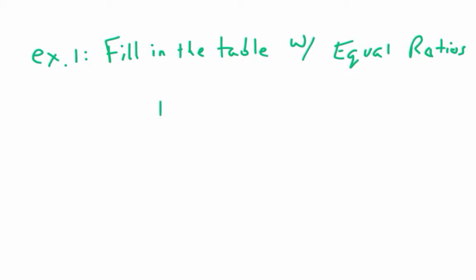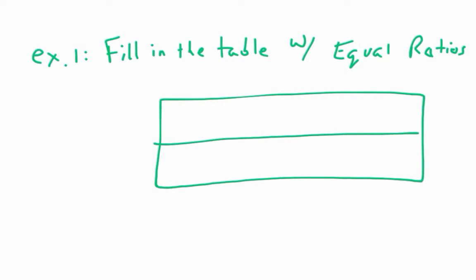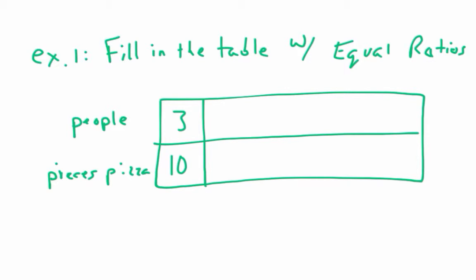If I have a table, my top row is the number of people, and my bottom row is the number of pieces of pizza. If you have 3 people, they're going to eat 10 pieces of pizza.